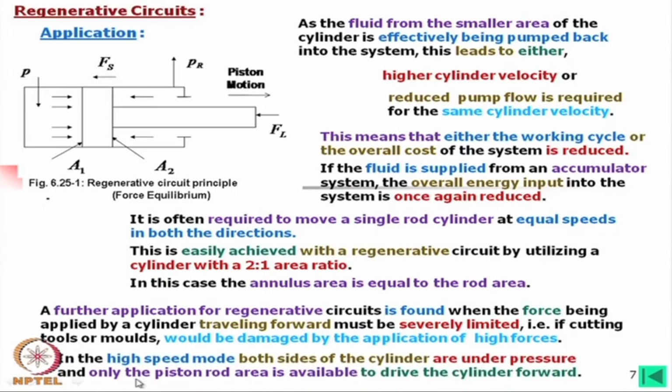Another point to be mentioned, in the high speed mode, both sides of the cylinder are under pressure and only the piston rod area is available to drive the cylinder forward. This means that if the pressure is acting over here, now when this is mixed, definitely the pressure on both sides has to be equal. In that case, the real area available to tackle this load is only this much area.